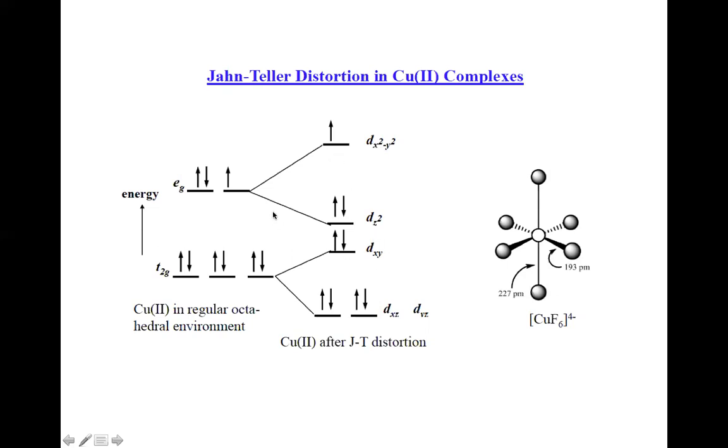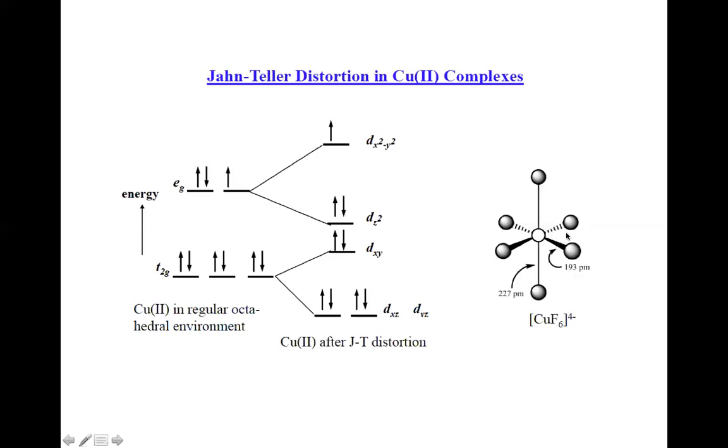As a result of this Jahn-Teller distortion, the two axial ligands are elongated from the metal center, and this is the situation.